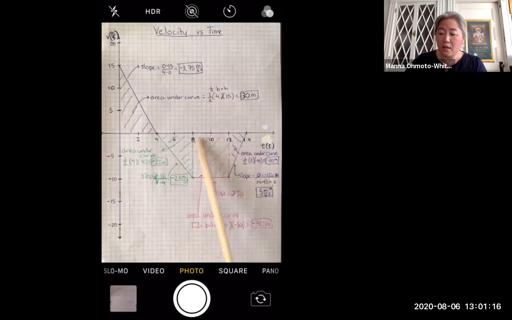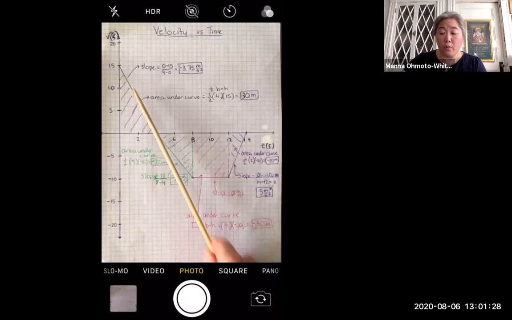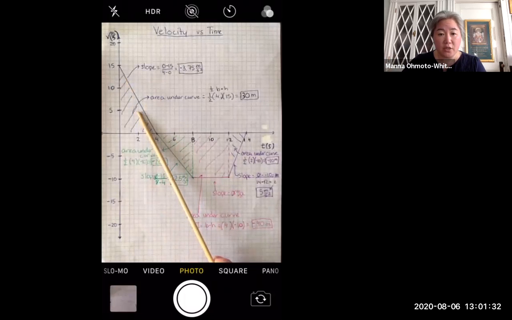Anything where I have values in the fourth quadrant, my object is moving backwards, or to the left in the negative direction. So for my four parts of my journey, only one part is my object moving in the forward direction. The other three parts, the object is moving in the backwards direction, the negative direction.